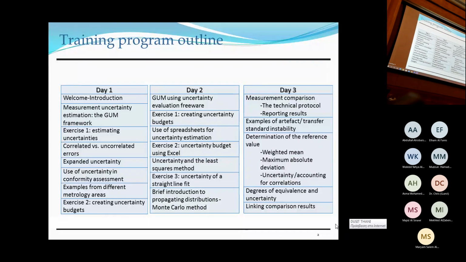Then I'll show two methods of calculating a reference value, or what is called in terms of proficiency testing an assigned value. And then I'll show you the method that is used predominantly, even today, for linking comparison results based on the degrees of equivalence and on their uncertainty.